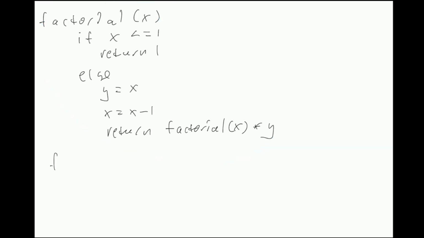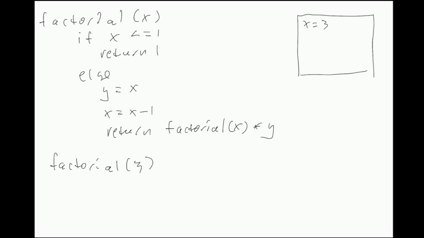So let's compute factorial of 3. Okay, so let's create a stack frame to store everything we need for factorial of 3. It'll hold on to the current value of x, and it'll hold on to the current value of y. I'll just do this conceptually where we just store the local state here.